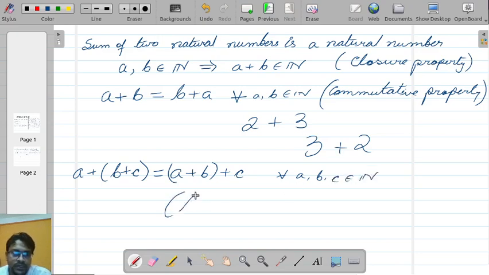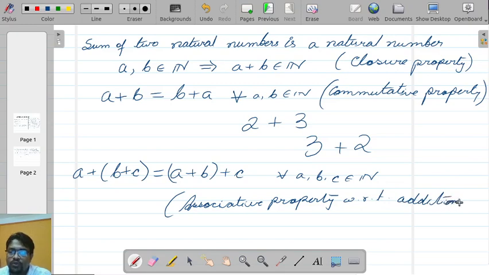What is this property called? It is called the associative property, of course with respect to addition. So this is one more property which the set of natural numbers satisfies.